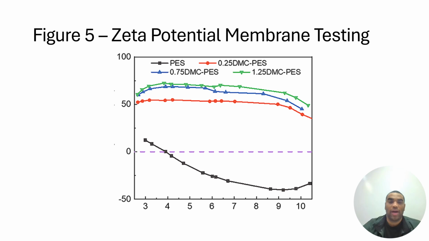The 1.25 DMC PES membrane displays the strongest positive zeta potential overall, suggesting it will have the highest affinity for negatively charged biomolecules. This enhanced positive surface charge directly contributes to improved membrane solute interaction through electrostatic attraction, making the DMC modified membranes more effective for biomolecule separation, particularly at lower pH values.